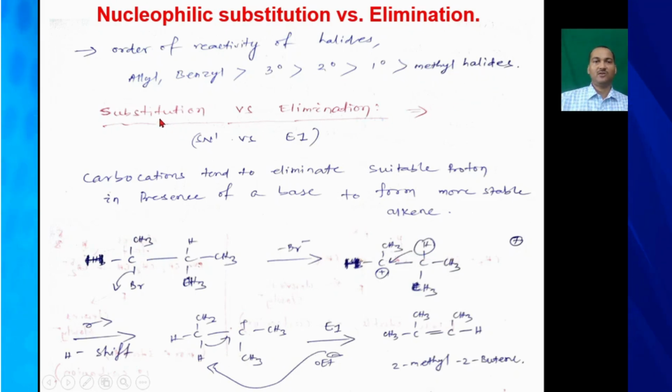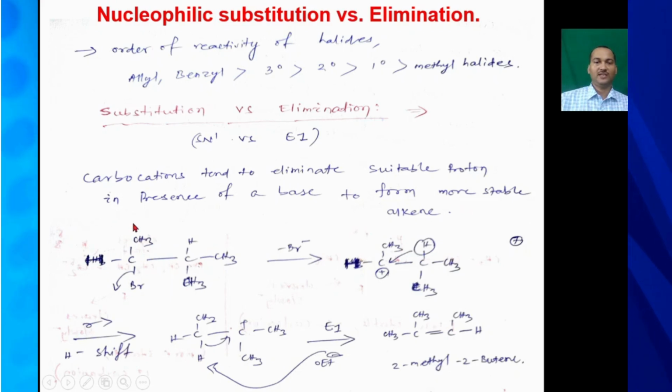So let's talk about substitution versus elimination, SN1 versus E1. In the SN1 mechanism, the alkyl halide breaks, giving rise to the ionizing species R plus and X minus, the carbocation. The carbocation tends to eliminate a suitable proton in presence of a base to form the more stable alkene.